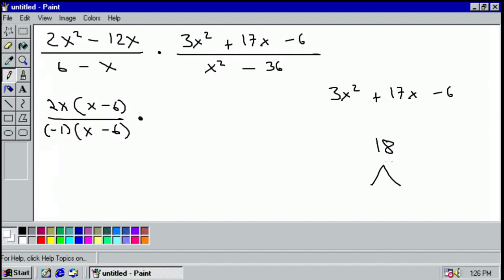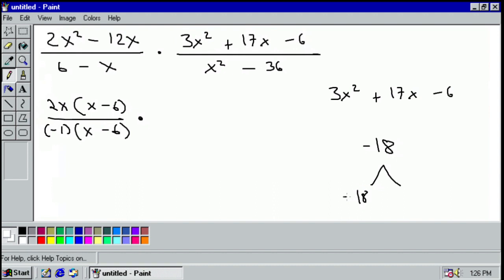So what are the factors of negative 18, since this is positive? Positive 3 times negative 6 is negative 18. So what are the factors of negative 18 that equal positive 17x? Or positive 17? That will be 18 and 1.